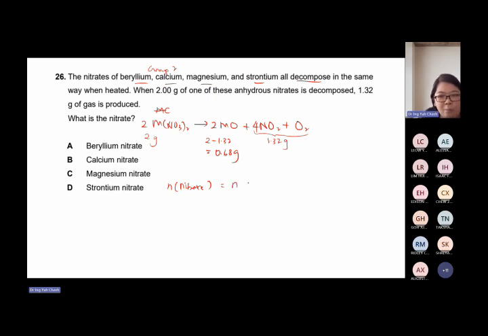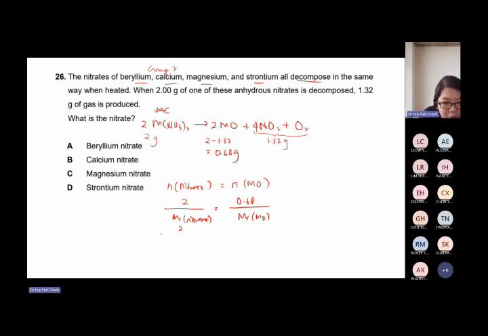The ratio is 1 to 1, because 2 to 2, so they have the same number of moles. The number of moles is the mass of solid divided by the Mr. So for the nitrate, it is 2 grams divided by the Mr of the nitrate, and for the oxide, 0.68 gram divided by the Mr of the oxide.